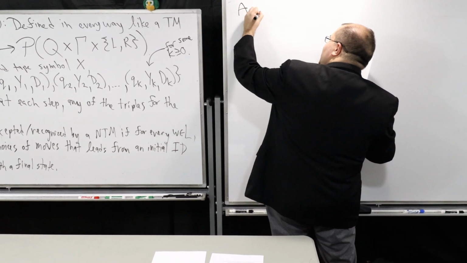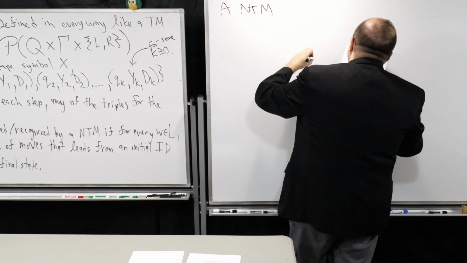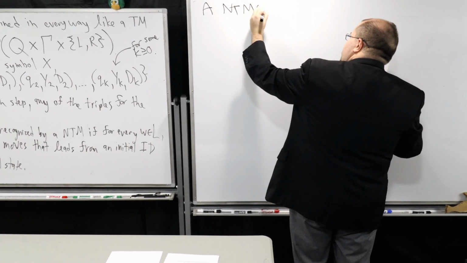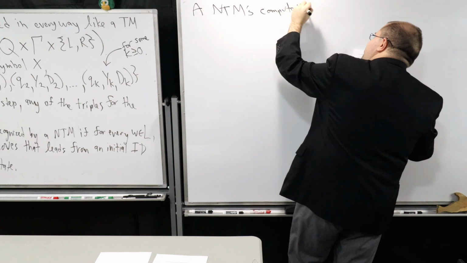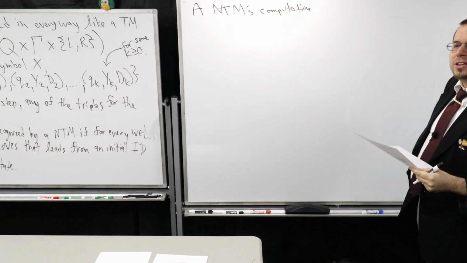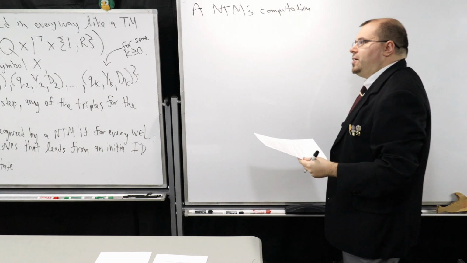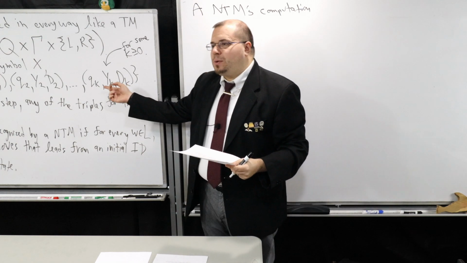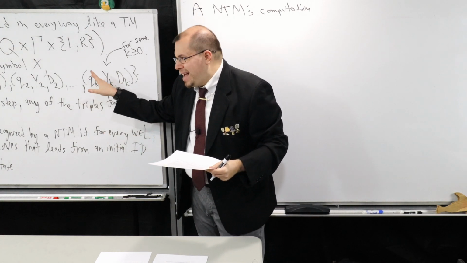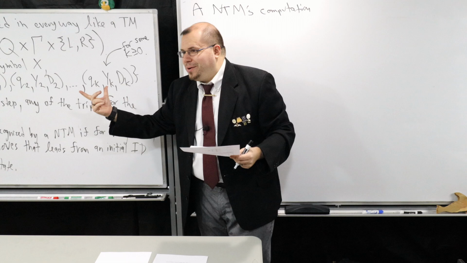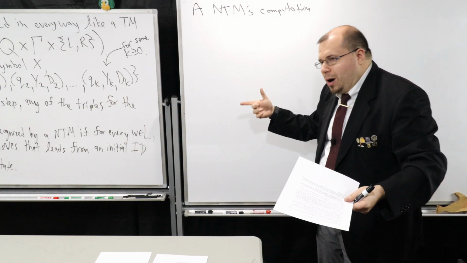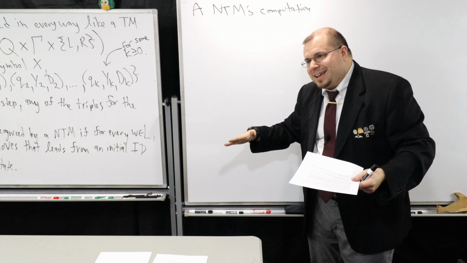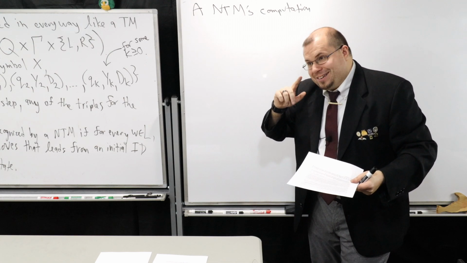So a non-deterministic Turing machine, its computation, and you might ask, okay, Dan, what does the computation of a non-deterministic Turing machine look like? The first thing you might think of is, okay, I can always pick from one of these triples. Keep in mind, I can't mix and match them. I can only pick one of them. But I will try to pick one. If it leads me to an accepting state, it will know how to do that and it accepts.